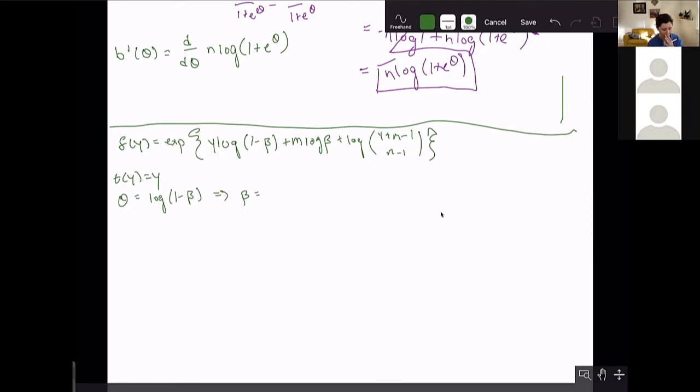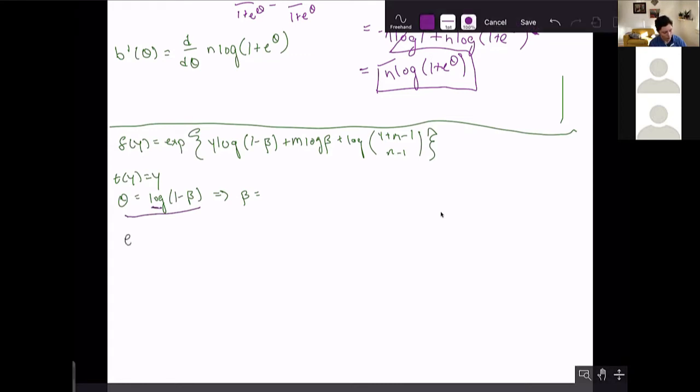Not exactly. You need to get beta in terms of theta based on this equation here. Okay, so then beta would equal... So we can do it step by step. The first step is to exponentiate both sides to get rid of this log term.